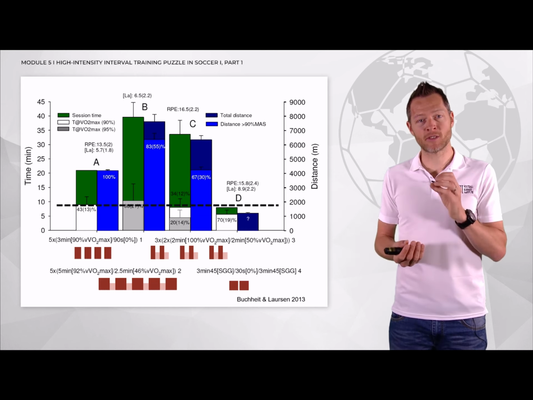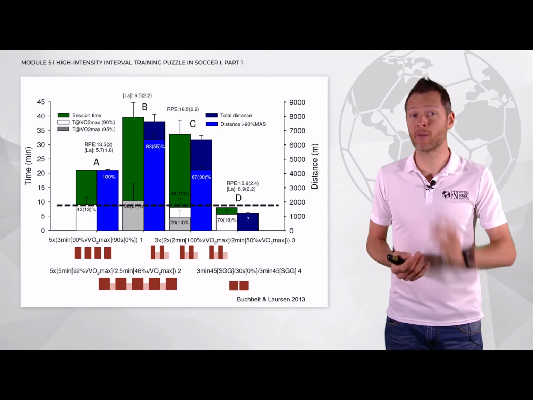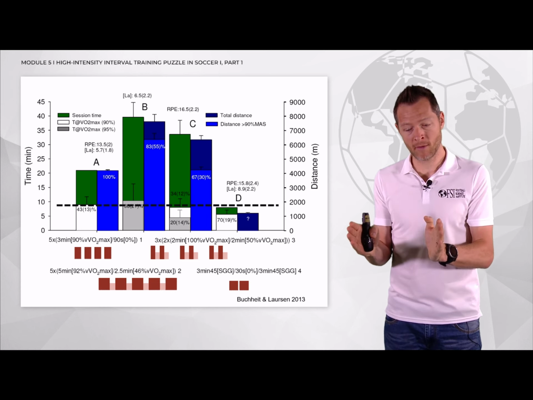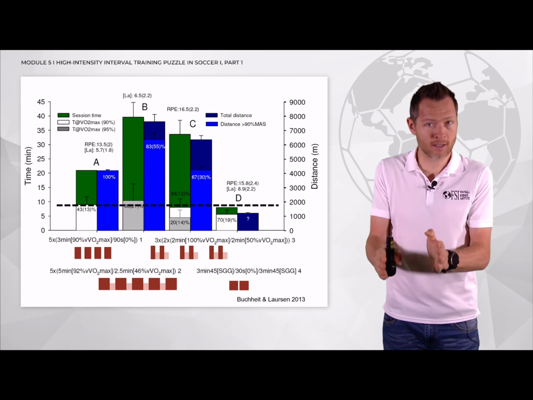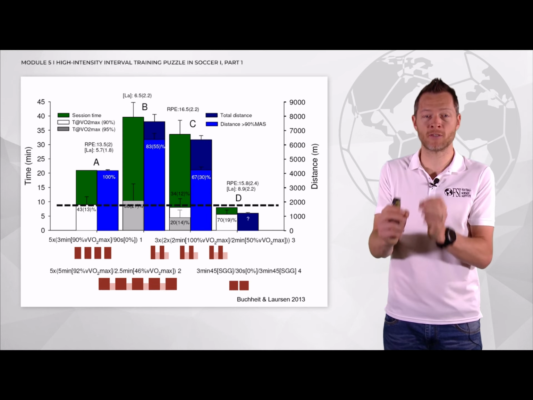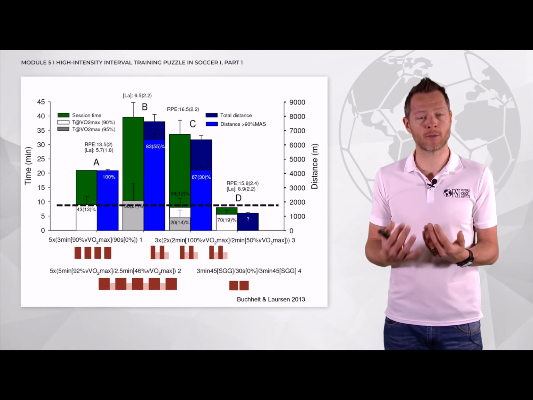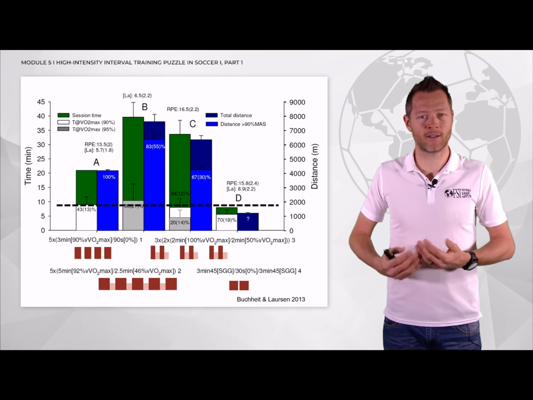That means that you have some sessions like small-sided games that are very, very efficient. In a short period of time, athletes spend these 8 minutes in their zone. So it's very efficient. They get a lot in terms of cost benefit again.